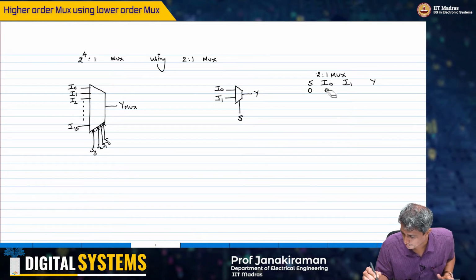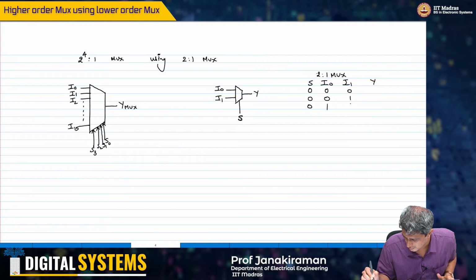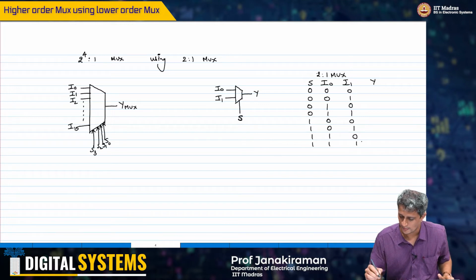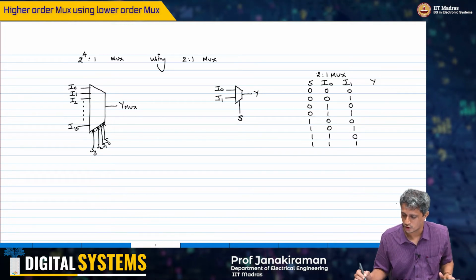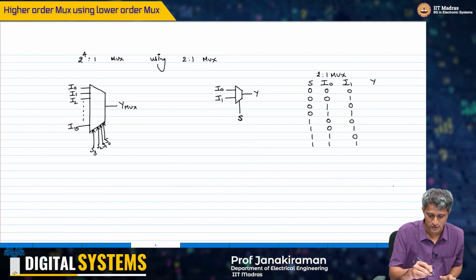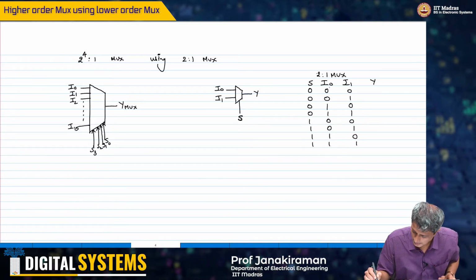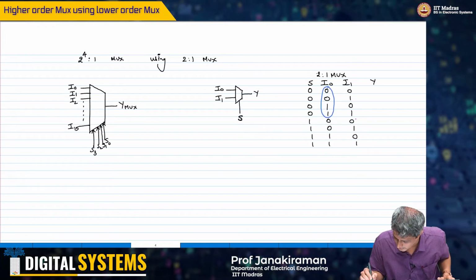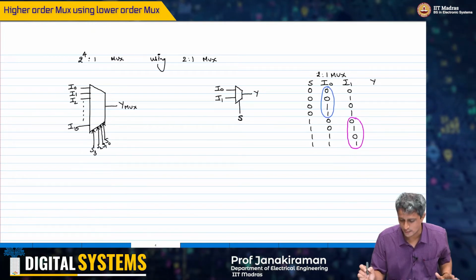You can write for all 8 combinations actually. If S is 0, it is going to simply choose I0, and when S is 1, it is simply going to choose I1.